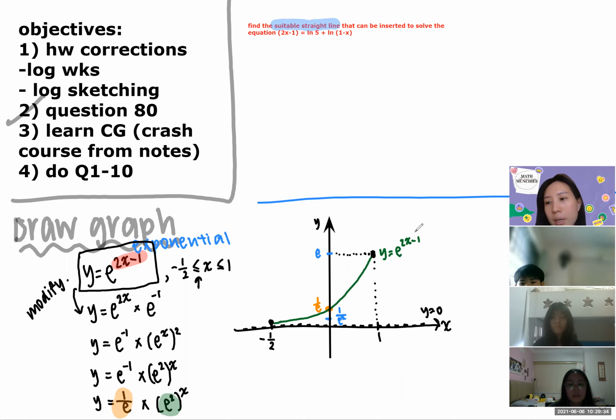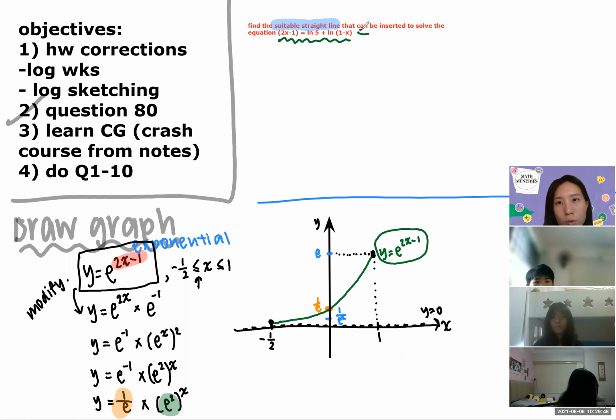So what does that mean? Because we already have this equation right here, it means that you need to make sure that your e to the power of 2x minus 1 must come out from this. But right now, when I look at this equation, there is no e. So it means that I need to go and modify the given equation.